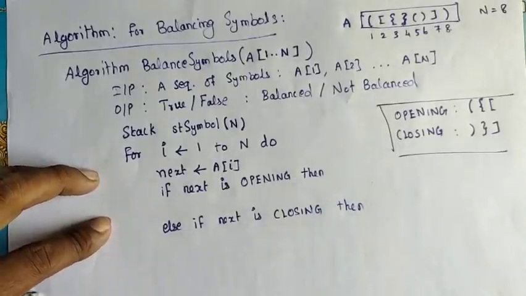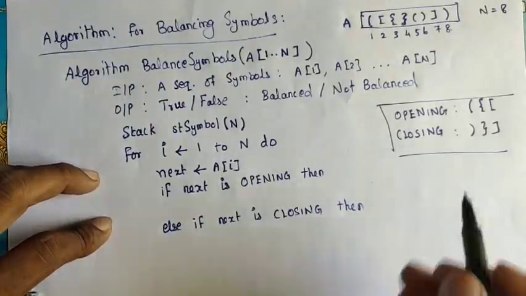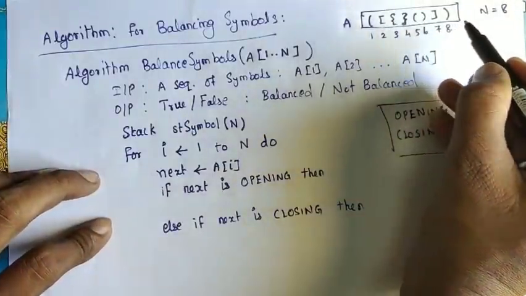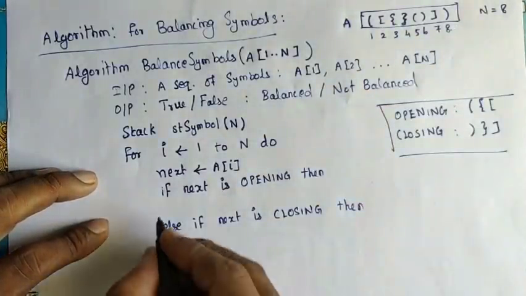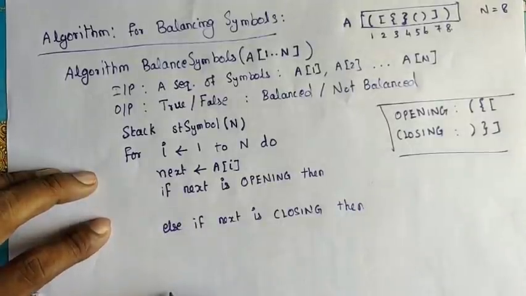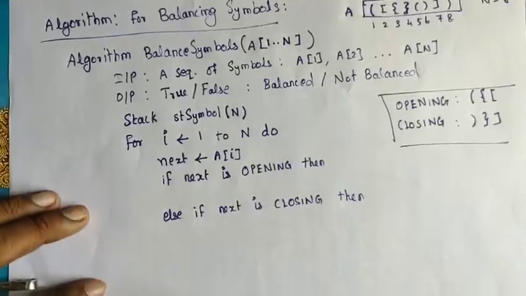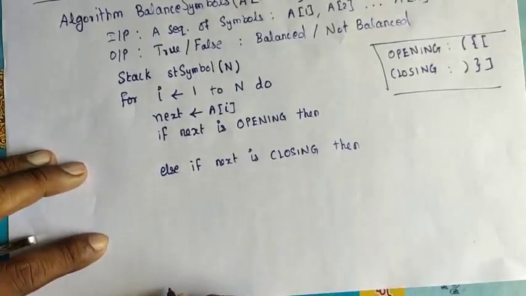The initial assumption is that no other type of symbols are there in the stack. So only two cases, and I can complete this with end if.